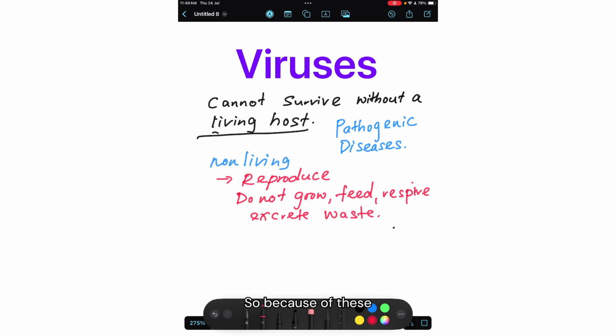Because of these characteristics, we often think viruses are non-living organisms. How about the shape? They have a variety of shapes.